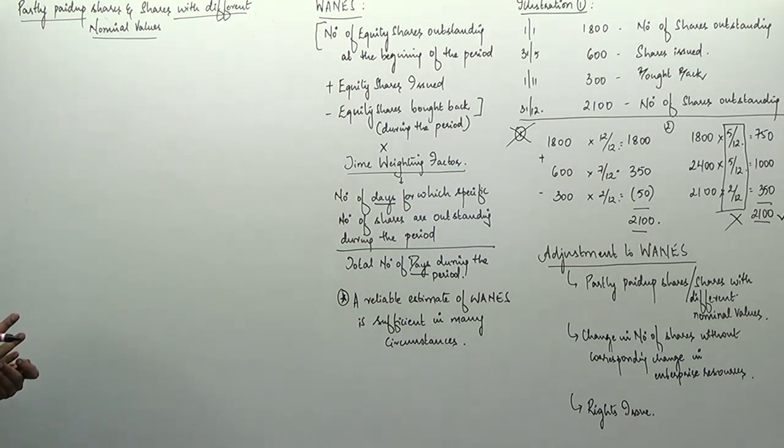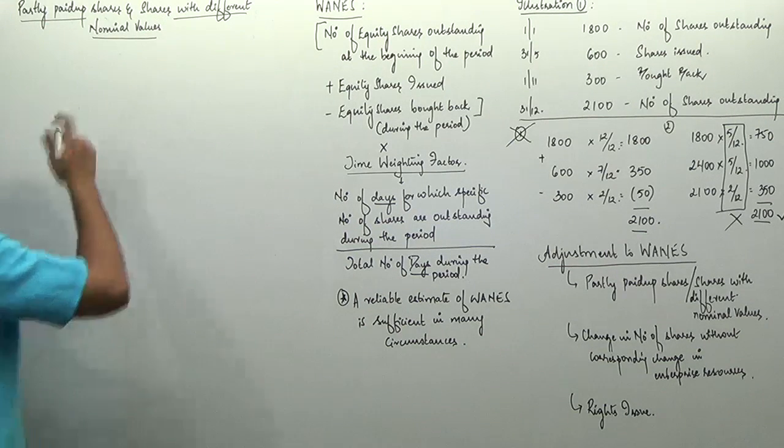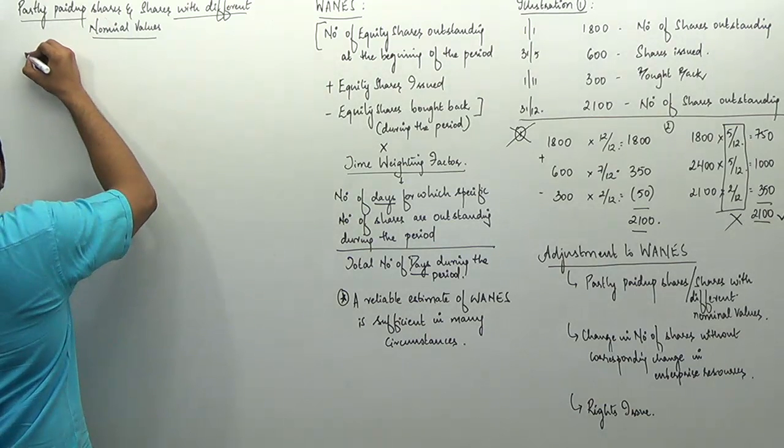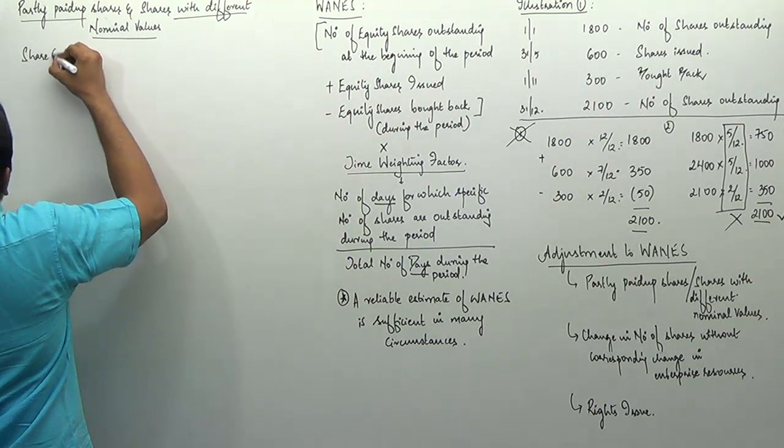Now let's see what we do with this. For example, let's say I have equity shares like this. My share capital consists of equity shares this way.